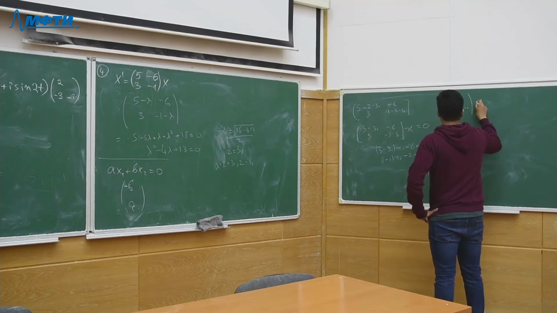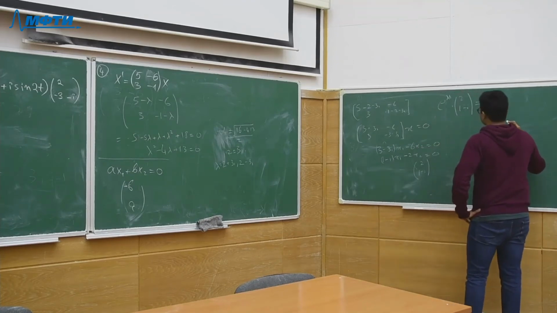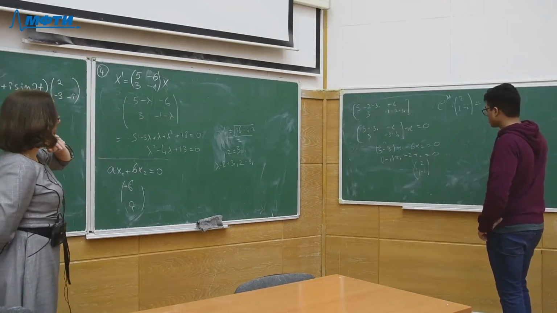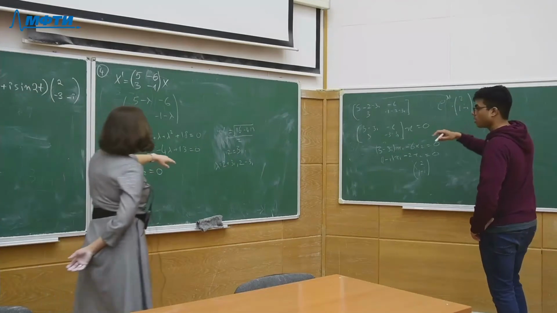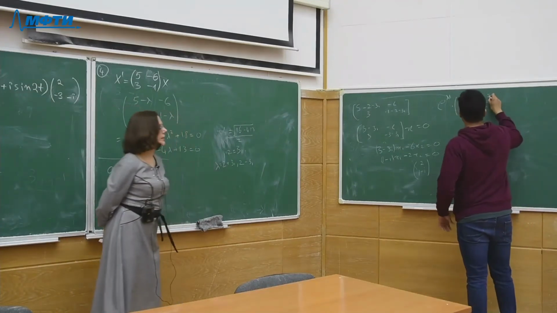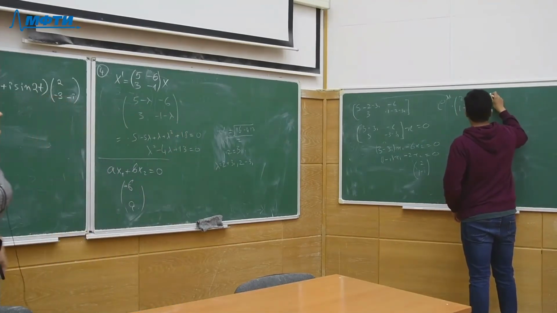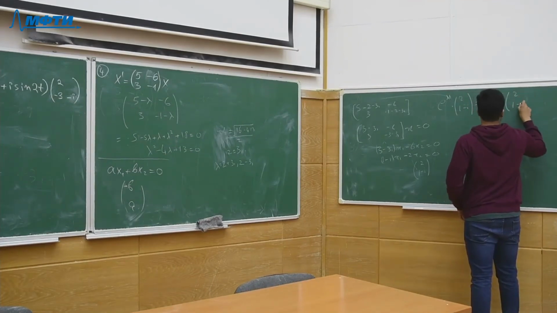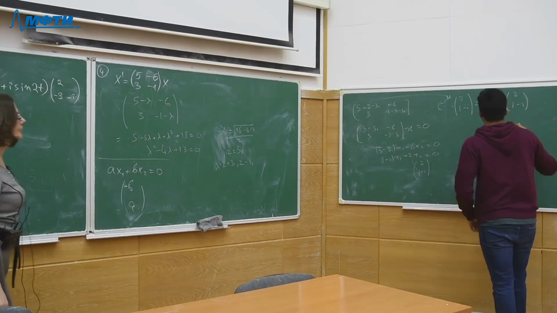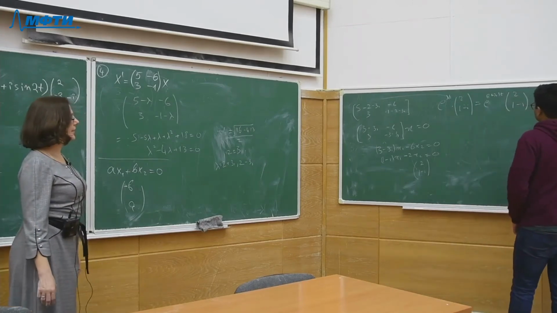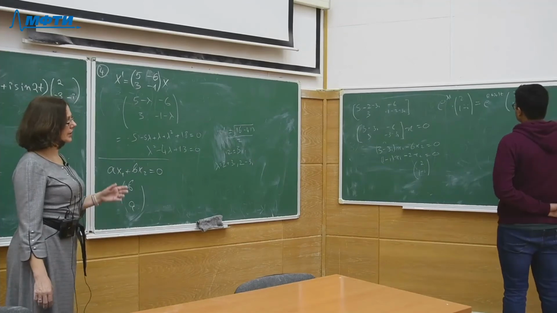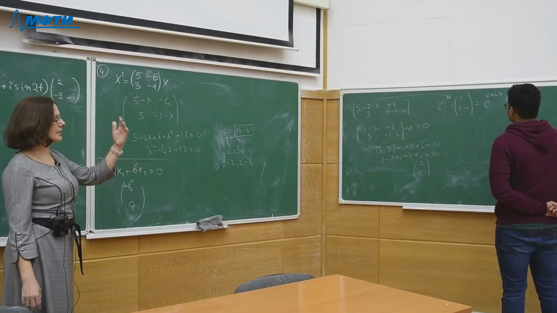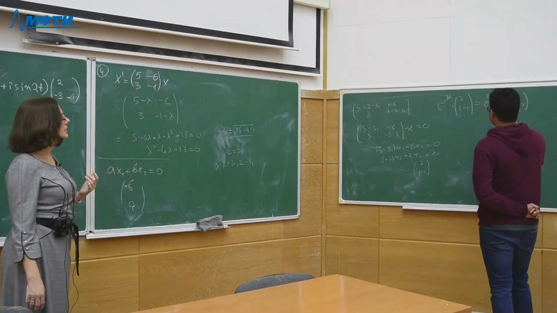And you should substitute 2 plus 3i for lambda, because lambda is 2 plus 3i. Well, then, what is e raised to 2 plus 3i, times t?